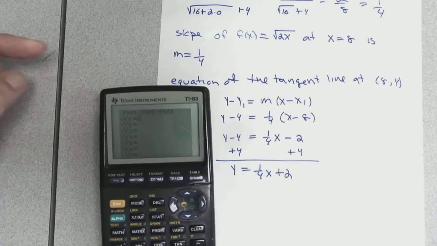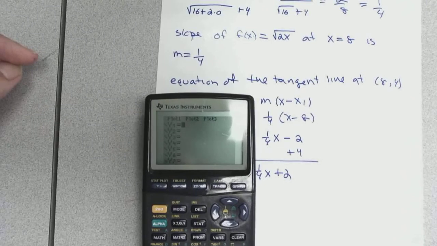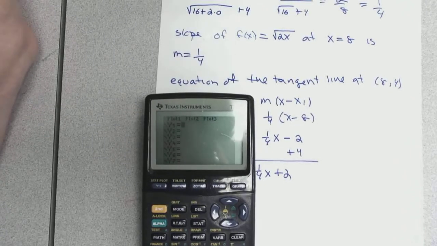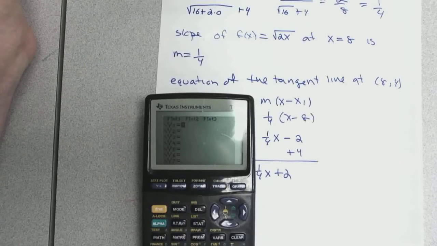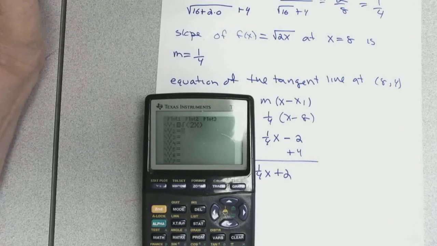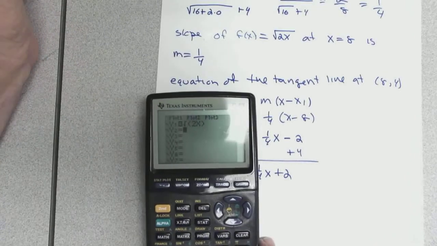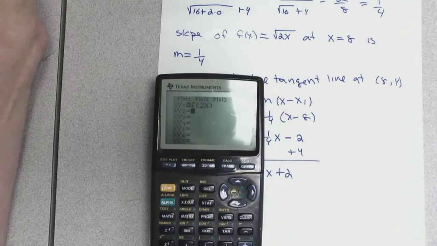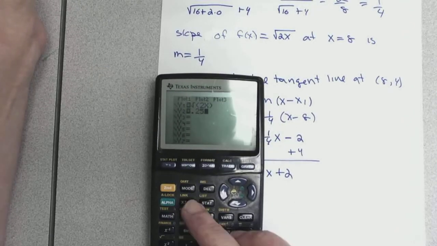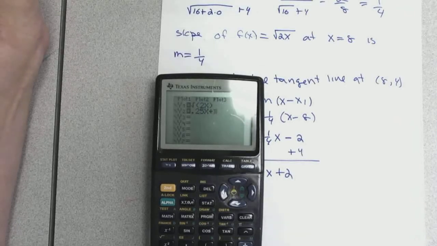So we want the square root of 2x, and then my tangent line was y equals 1/4 x plus 2. So y equals 0.25x plus 2.